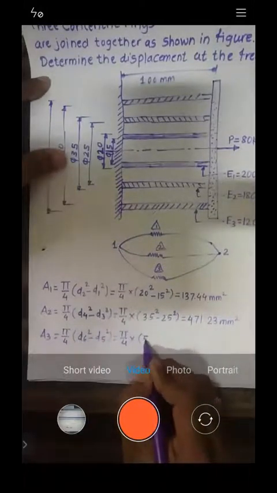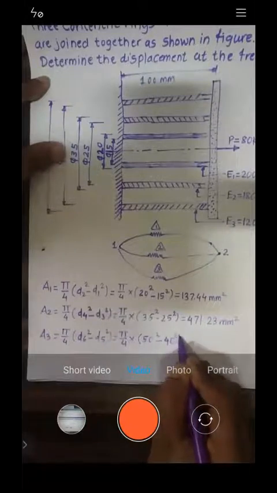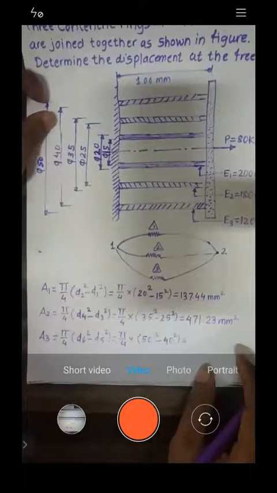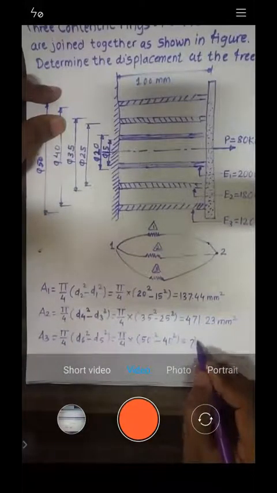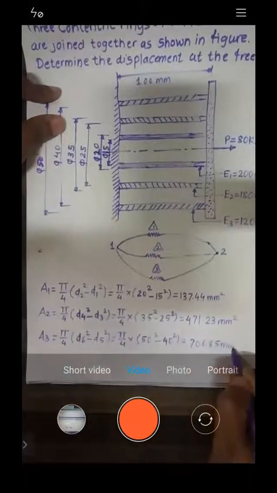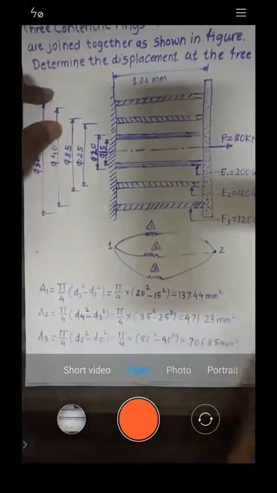It is 50 square minus d5, which is 40 square. So tell me how much you are getting. 706.85, right? So you have calculated the cross-sectional areas.